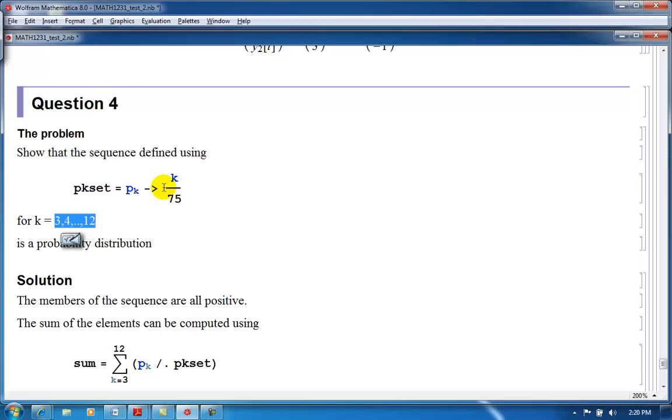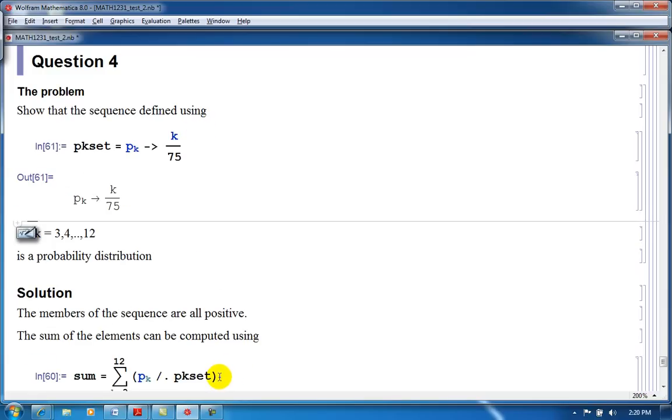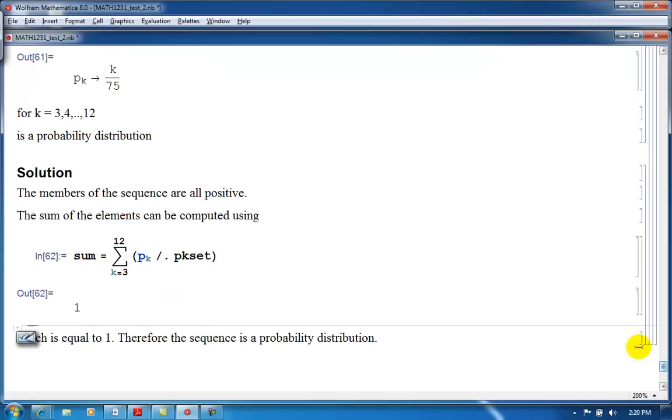Well, we can see that the elements of this distribution are all positive, so that's the first condition, and to see whether it's a probability distribution, we have to sum the elements of the sequence to check that they're actually equal to 1. So we do that here, and we've got to do this. So now we do it again, and that is indeed 1. So this is indeed a probability distribution.